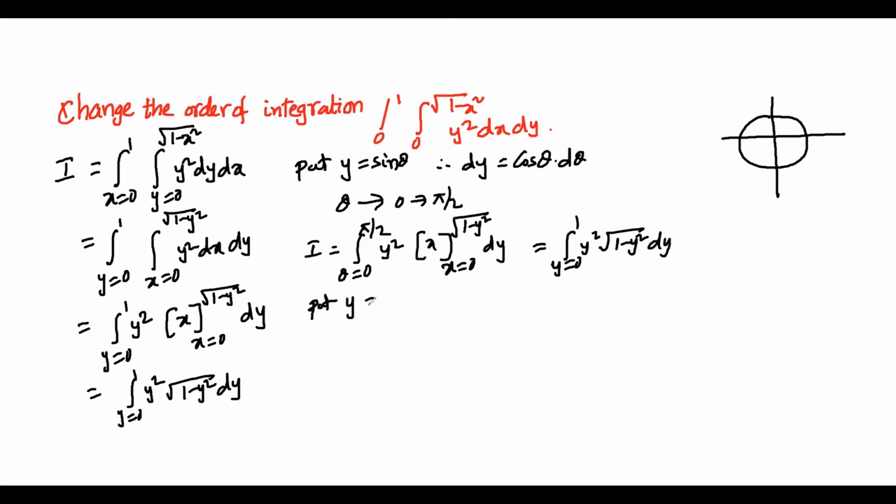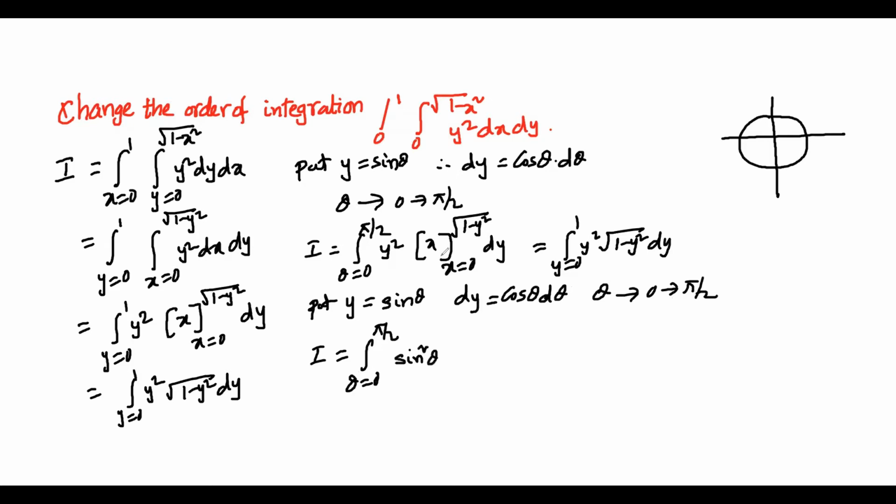So put y is equal to sine theta, dy is equal to cos theta d theta. Now theta varies from 0 to pi by 2, already we know that. In this case I is equal to integral theta is equal to 0 to pi by 2, in the place of y, sine theta, y square sine square theta.